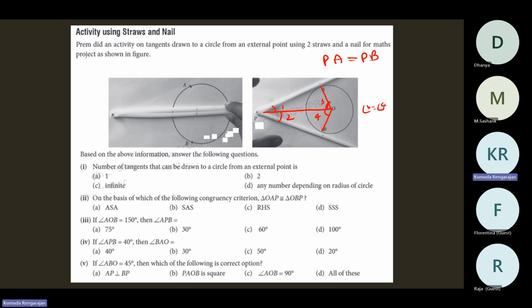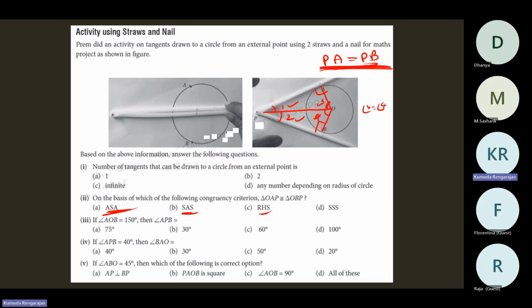Now we cannot use that result because we are still trying to understand that PA is equal to PB. So these results we cannot use. 90 degrees you can use. So then how can it be ASA or SAS? Please think about it. It has to be RHS.